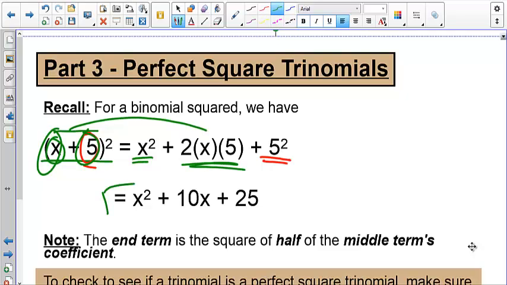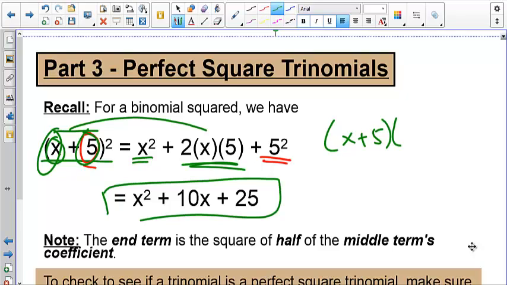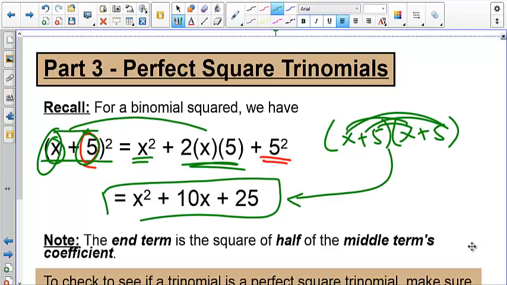We would be able to expand it quickly, or at least faster than with FOIL. But again, if you really need it, (x + 5)(x + 5) is the same thing as (x + 5) squared, and you can do FOIL and you would eventually get that as well. It's just a shortcut that we picked up along the way.